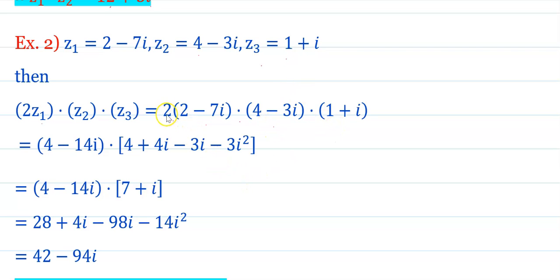Now first of all, 2 will multiply with these two complex numbers. 2 into 2 is 4, 2 into 7 is 14, into the multiplication of these two complex numbers. 4 into 1 you are getting 4, 4 into i is 4i, minus 3i into 1 that is minus 3i, minus 3i into i, then you will get minus 3i square. Again i square means what? Minus 1, minus 1 into minus 3 you are getting 3, 3 plus 4 it is 7.